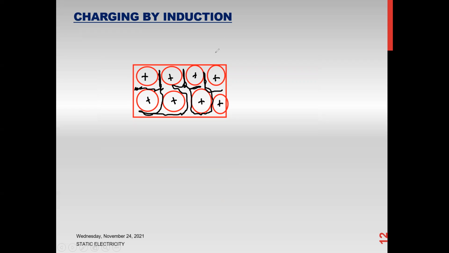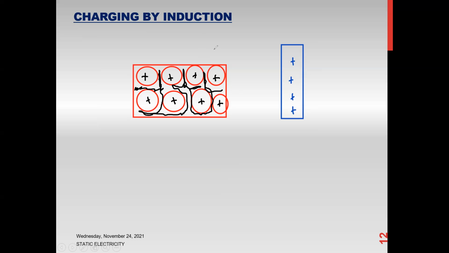Now, what happens? Originally, the electrons are evenly distributed, but if I bring, without touching, a positively charged rod near, we know that like charges repel and unlike charges attract each other. So as a result, what happens?